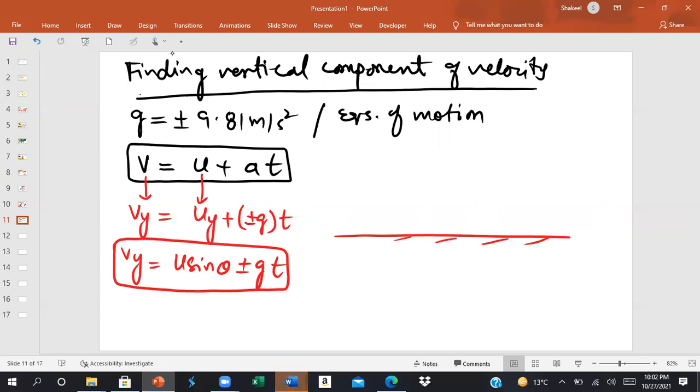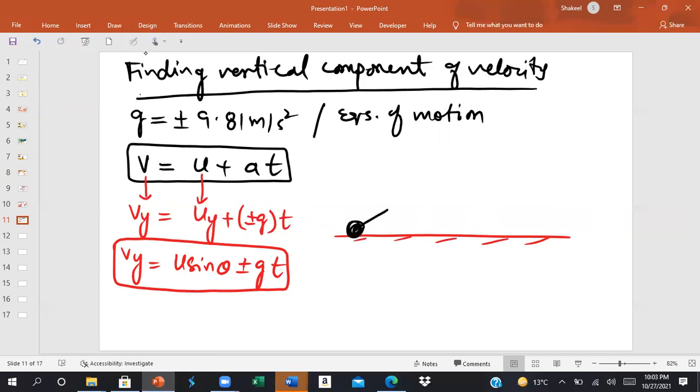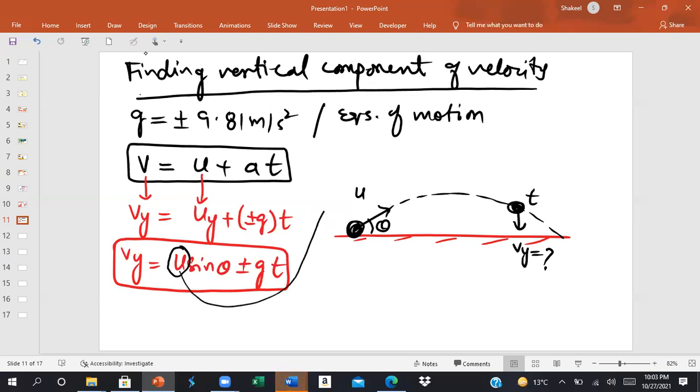Let's say this is the ground and a projectile is projected from here with initial velocity u and angle theta, and it is moving like this. After some time, you have to find its vertical component. This u is the initial velocity, which is given. This theta is this angle, which is given.